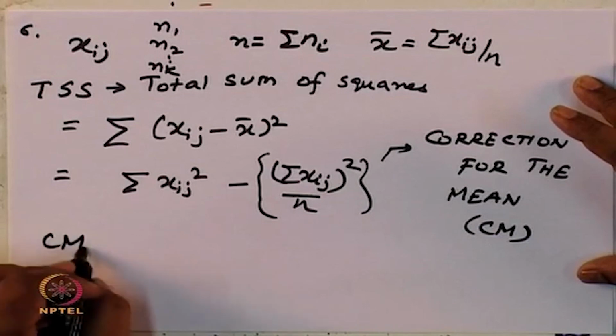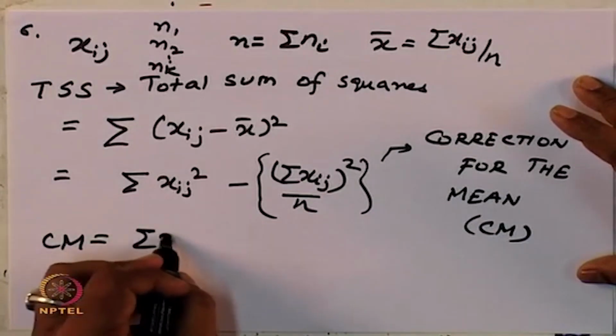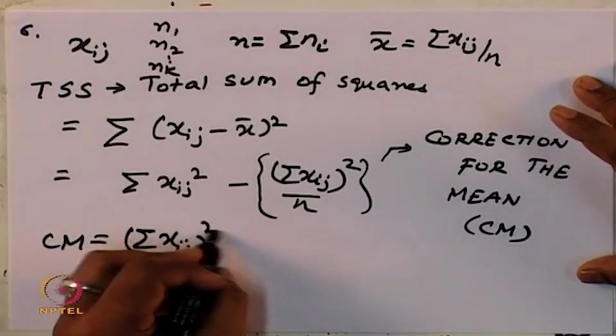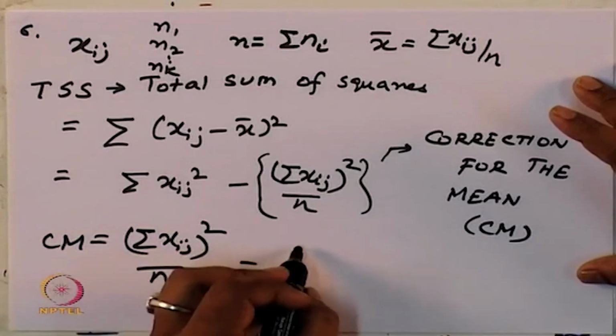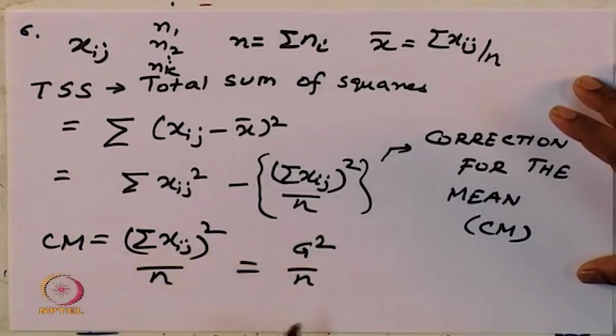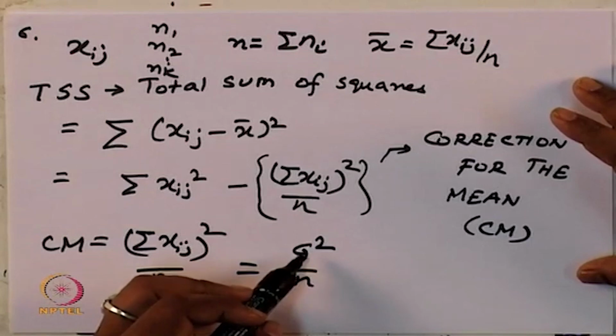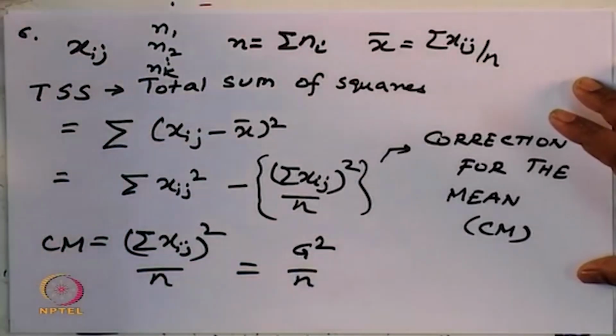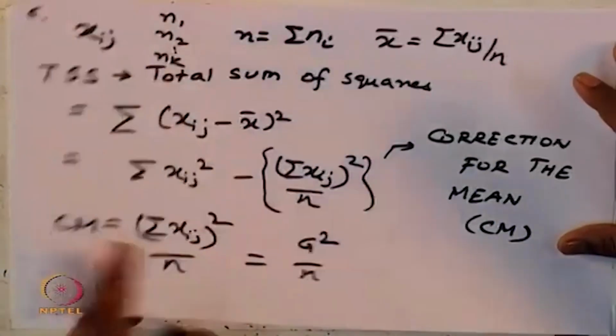So, Cm is the summation of x_ij whole square by n, and this you can write as G square by n. G basically represents the sum of all the terms.